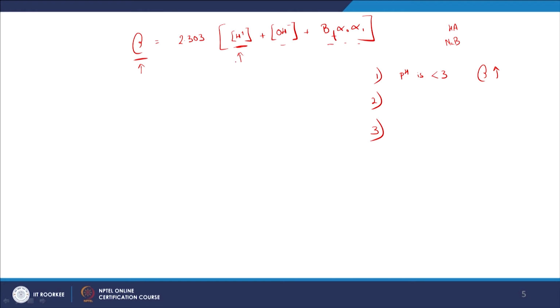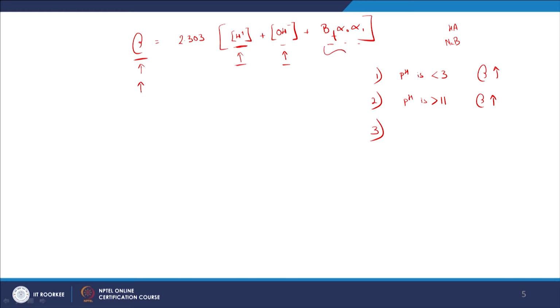And why is that? We are going to try to understand that later. Again, when the OH minus concentration is high, the buffer intensity is going to be high. So, let us say when the pH is greater than 11, you again see that the buffer intensity is going to be high. We are going to try to understand this, but let us just plug them in now.